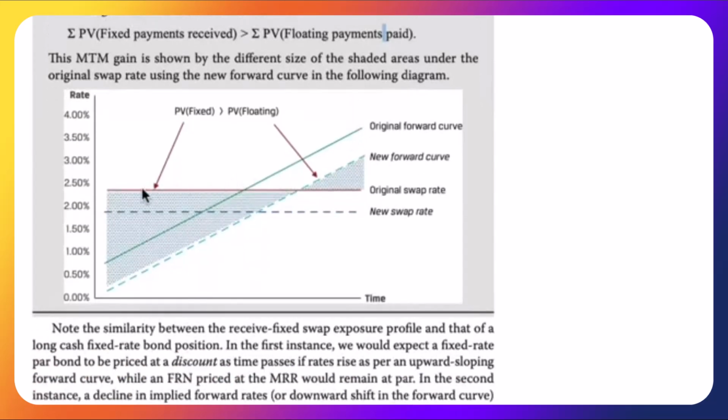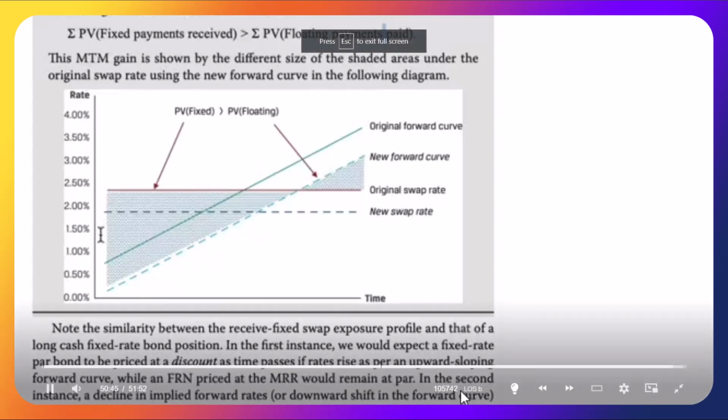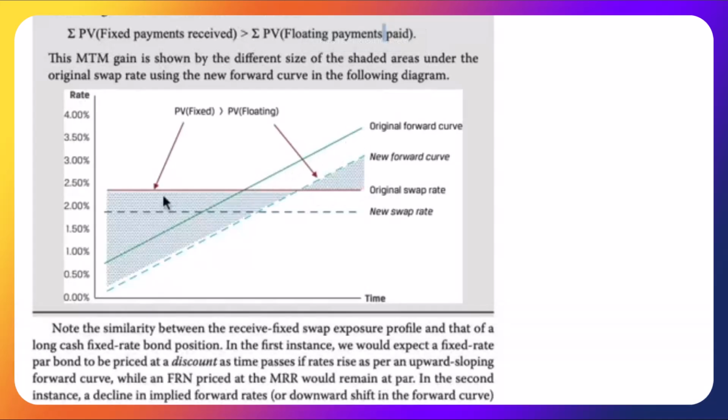So what we're showing here is this red line was the original swap rate, and this green line was the original forward curve, such that the area under the curve under here would have been equal to the area made up by this triangle over here. These two areas would have been the same.